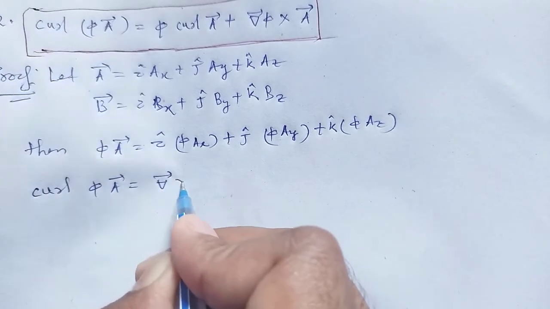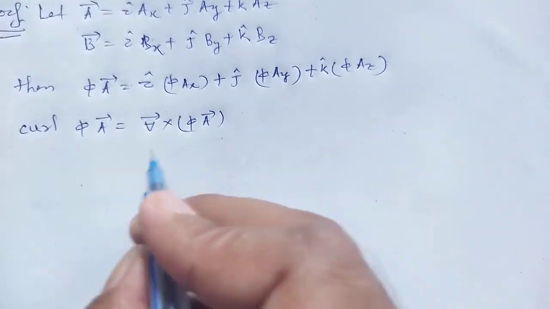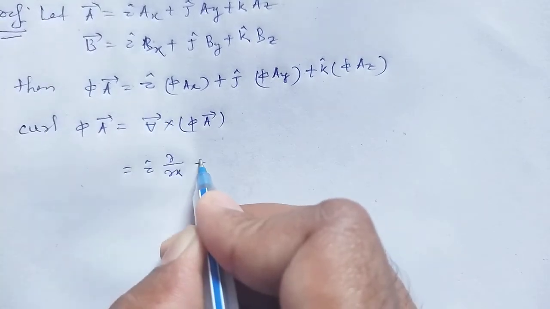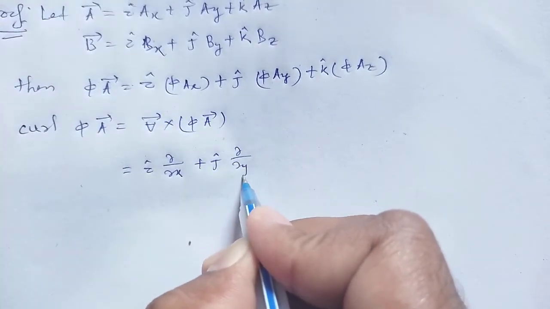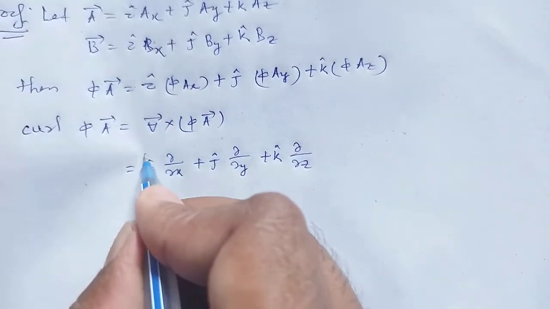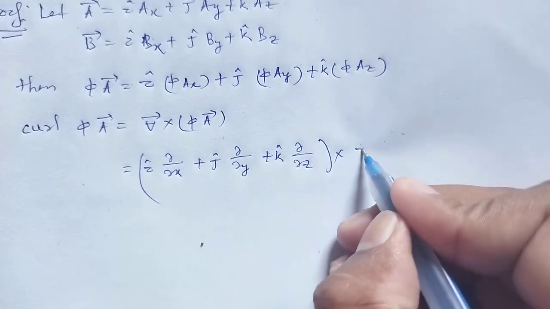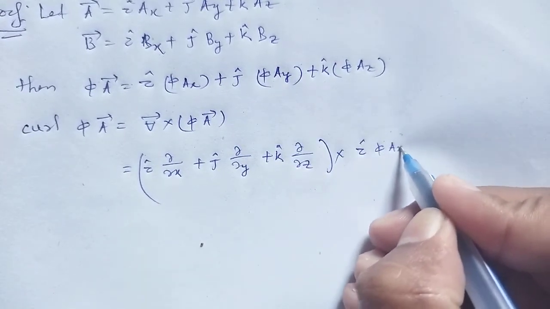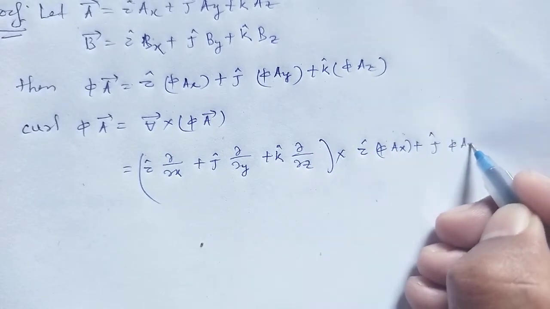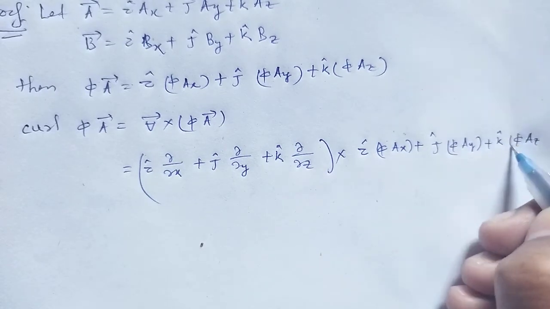That is, grad cross phi A vector is equal to i cap del by del x plus j cap del by del y plus k cap del by del z, cross phi A, that is i cap phi Ax plus j cap phi Ay plus k cap phi Az.